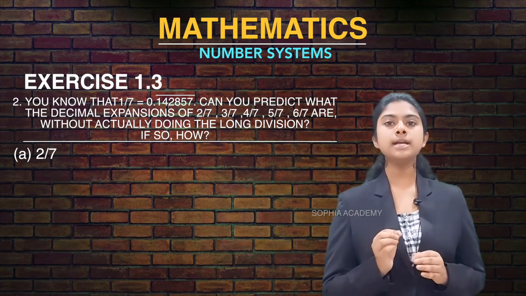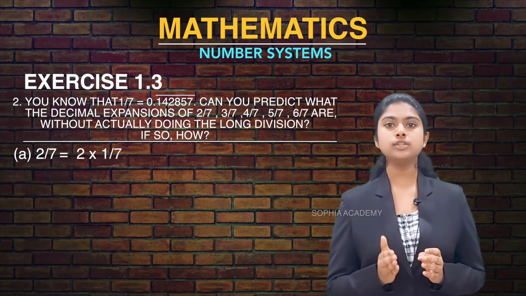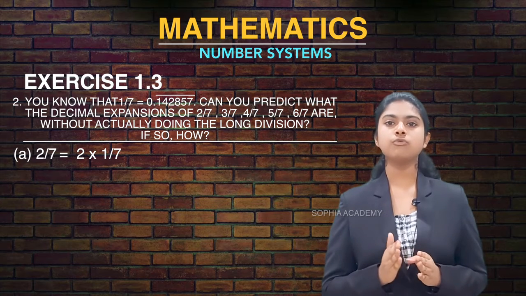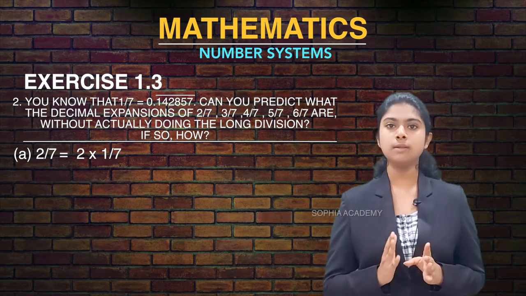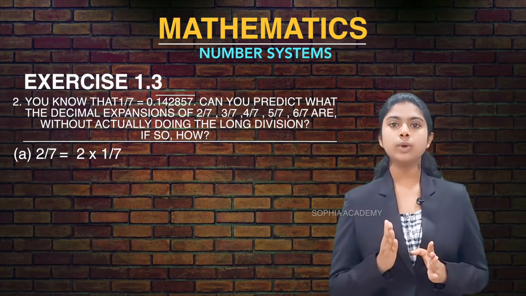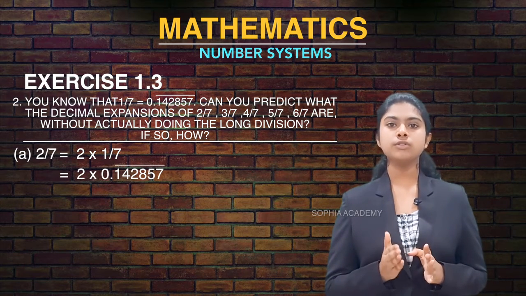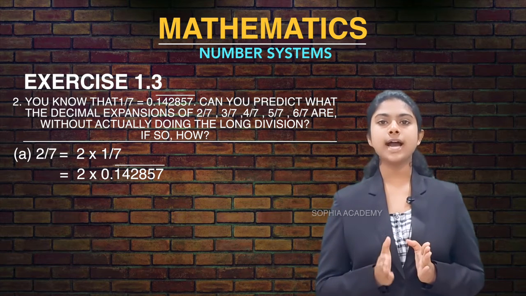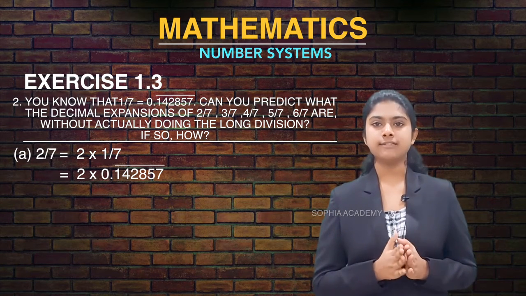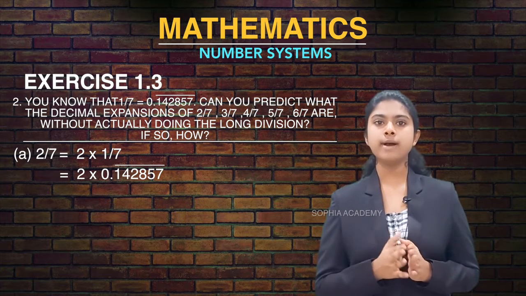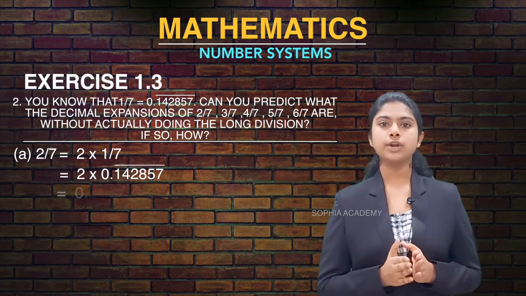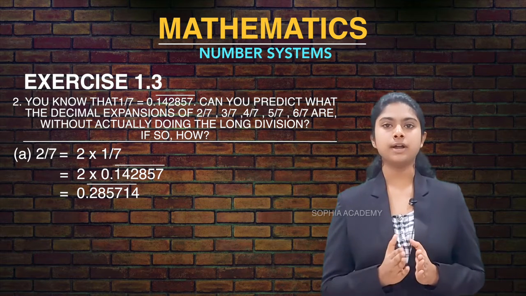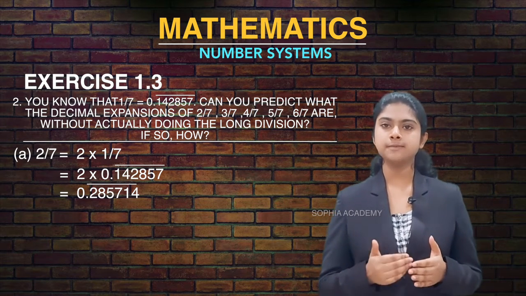We know that 2 by 7 can be written as 2 into 1 by 7, where 1 by 7 is 0.142857 with the whole bar. So we write 2 into 0.142857 with the whole bar, and the decimal expansion for 2 by 7 becomes 0.285714 with the whole bar.